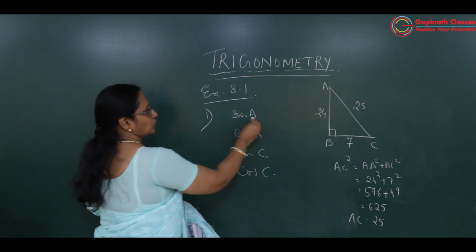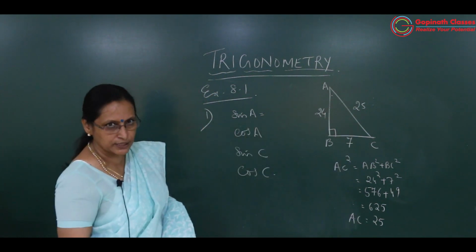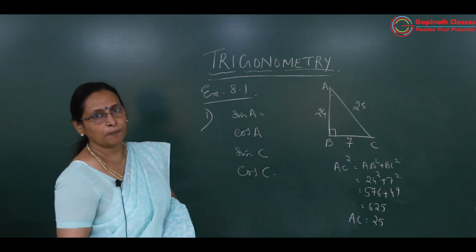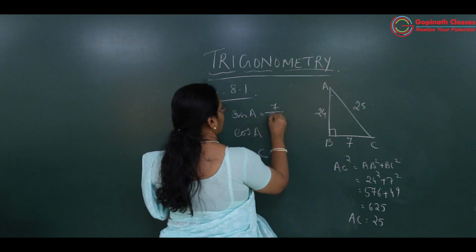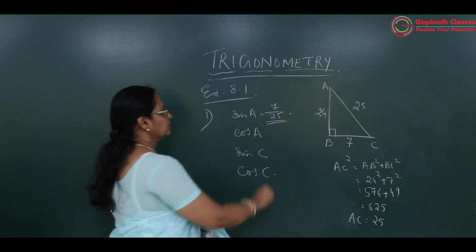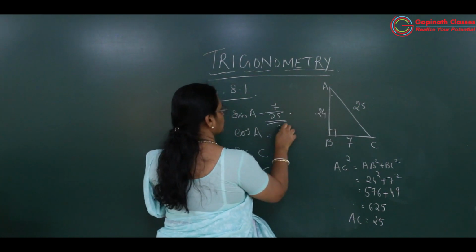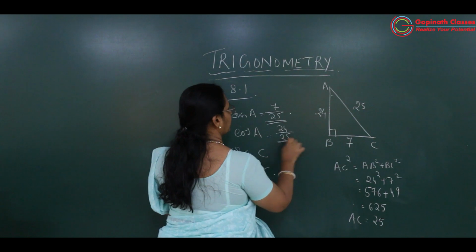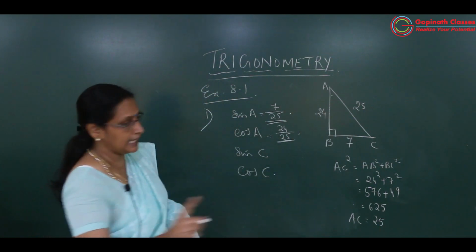Now let's write what is sin A. This is the angle. Sin A. Opposite sine you must know. It's opposite side by hypotenuse. Opposite side upon hypotenuse is 7 upon 25. So we got sin A. Come to cos A. Adjacent upon hypotenuse. So that is 24 upon 25. So simple it is. Now come to sin C. This is the angle.